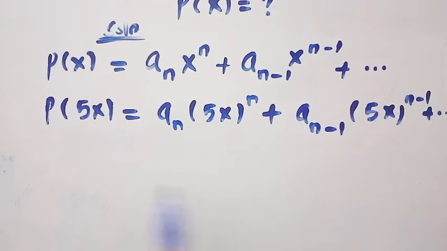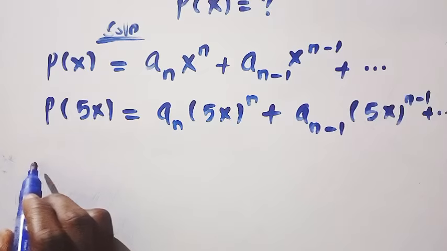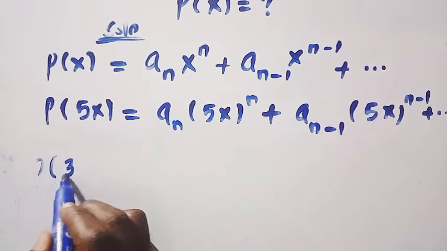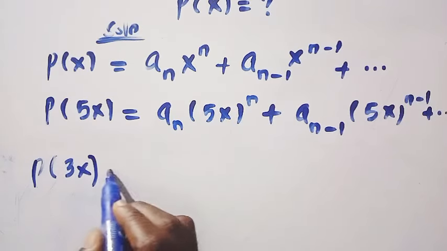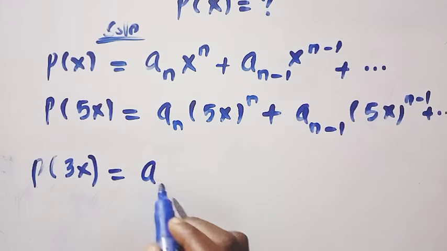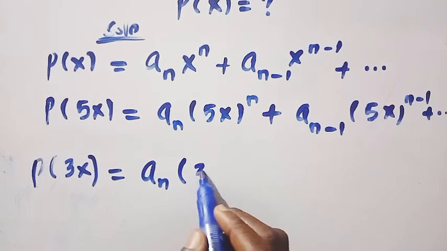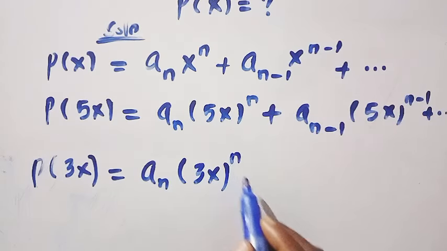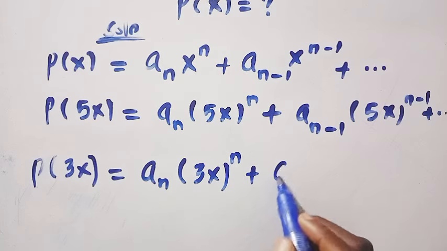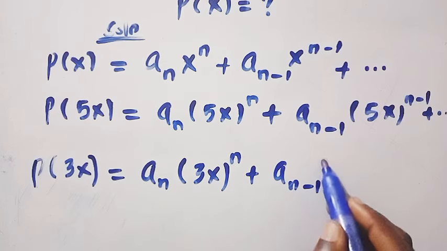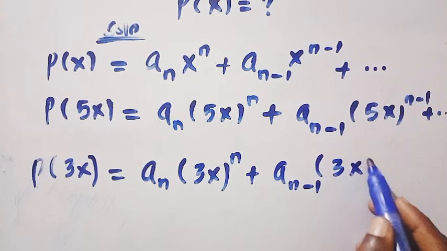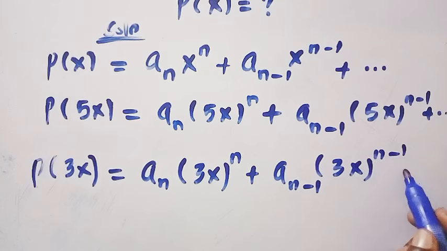And then let's find p of 3x. For p of 3x, we have a_n times 3x raised to power n plus a_(n-1) times 3x raised to power n minus 1, and this also continues.